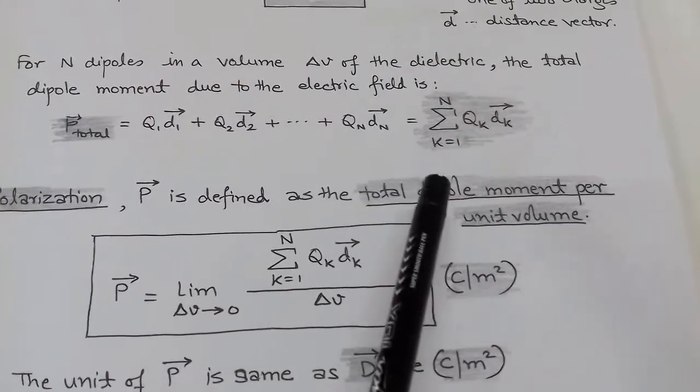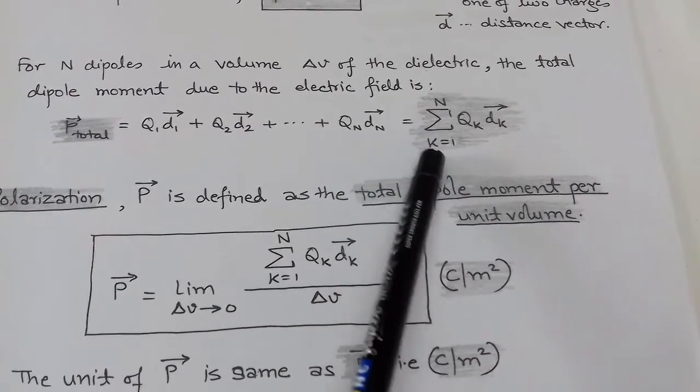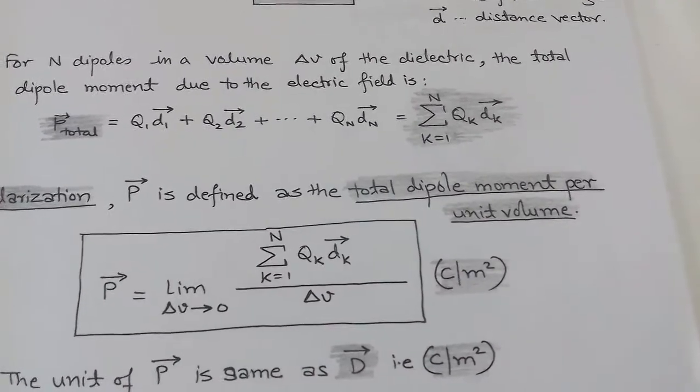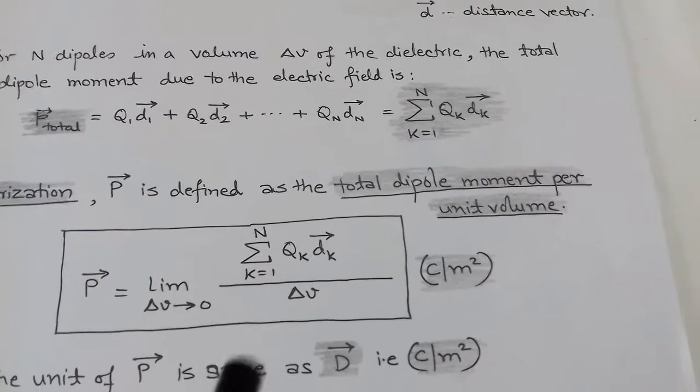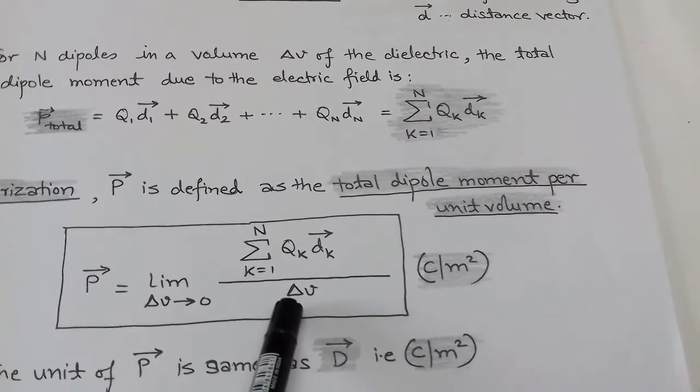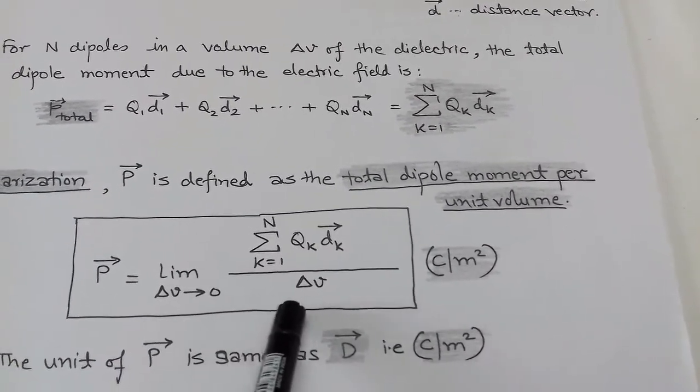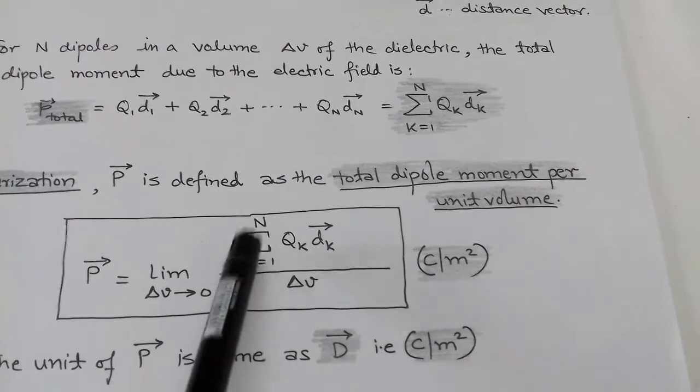We know that the total dipole moment is denoted in summation form, and per unit volume means we assume that the volume is delta V, a unit volume.